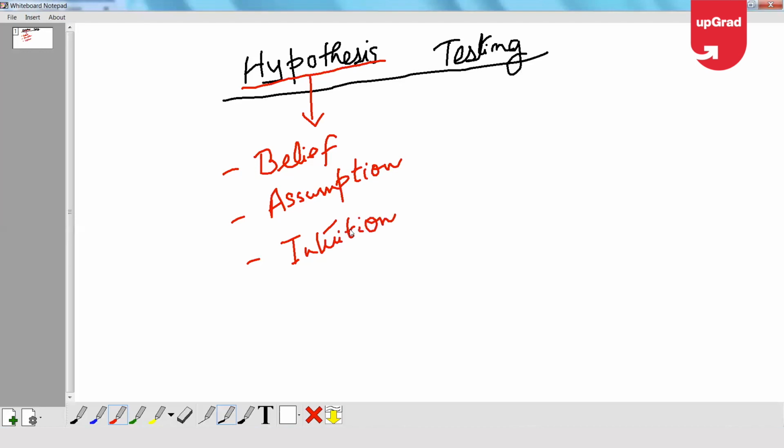Now this belief, assumption, intuition, whatever we have, we need to do some testing and see whether they are valid or not, whether they have got some base or not. I can never say whether it's true or not, but we can see what's the probability of this belief, assumption, intuition being true.